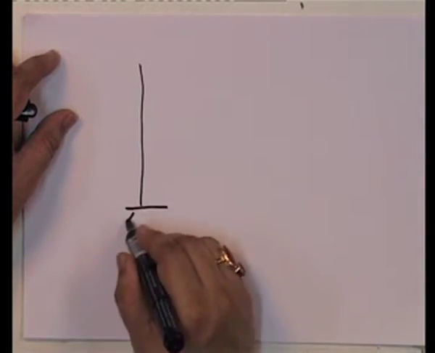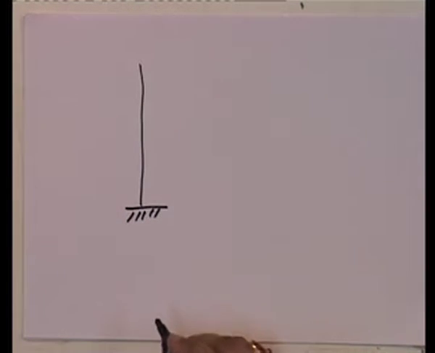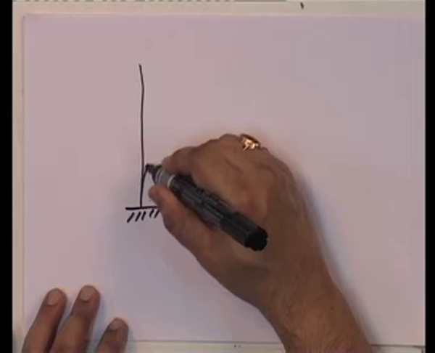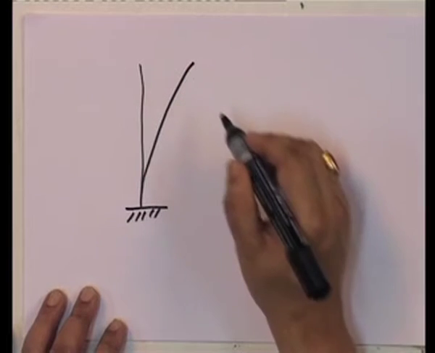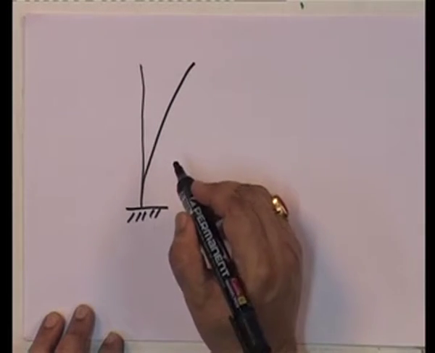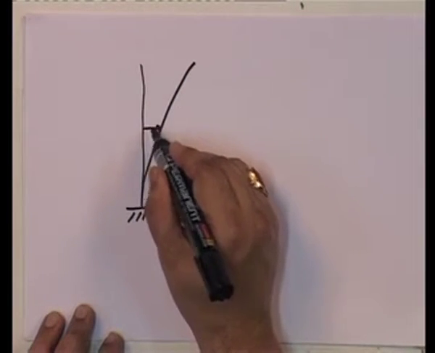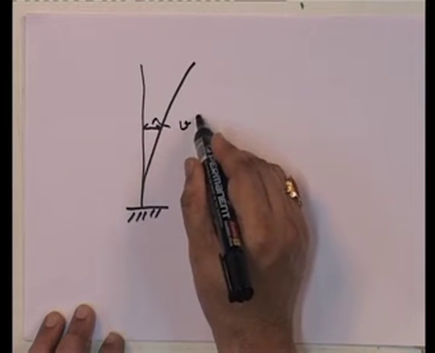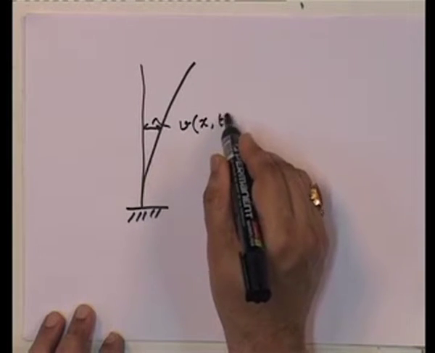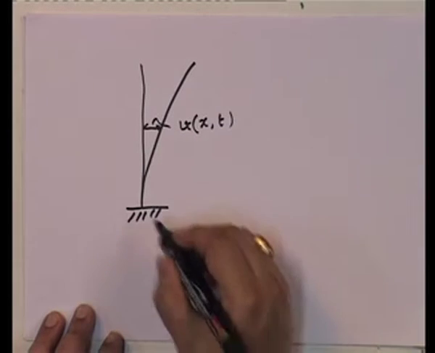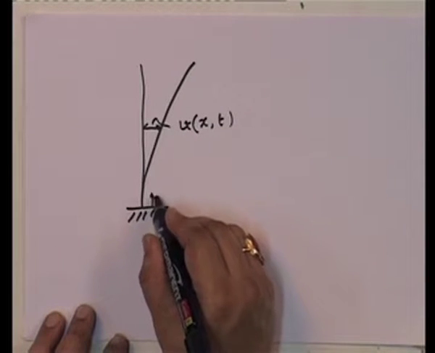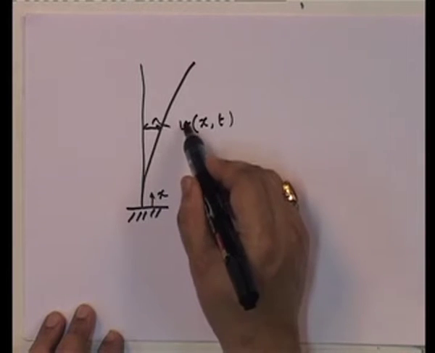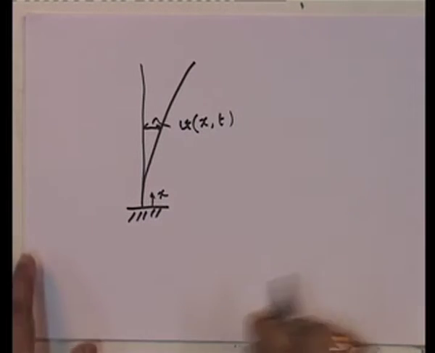Let me draw a cantilever, and when it deflects, it is going to deflect like this. If you look at this, with x, this is u(x,t).